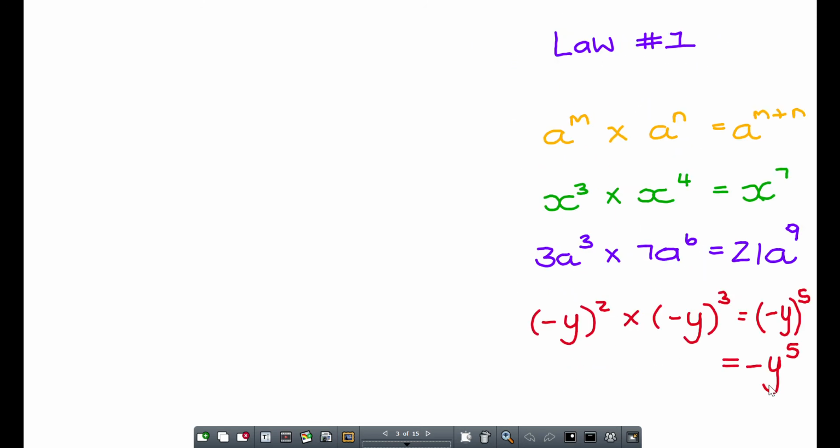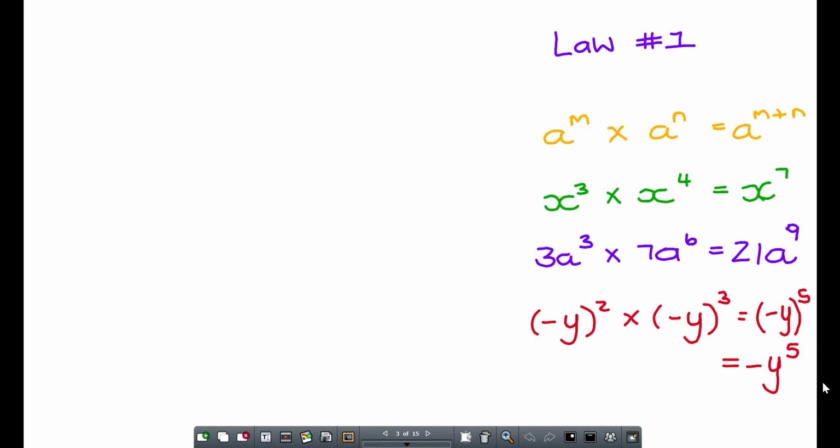What you're getting confused with is this one, where we have a coefficient. So the coefficients, the 3 and the 7, I multiplied. But look at what happened to the a's. A to the power 3 times A to the power 6. The base stayed A. It's just the exponents I added and it became 9.